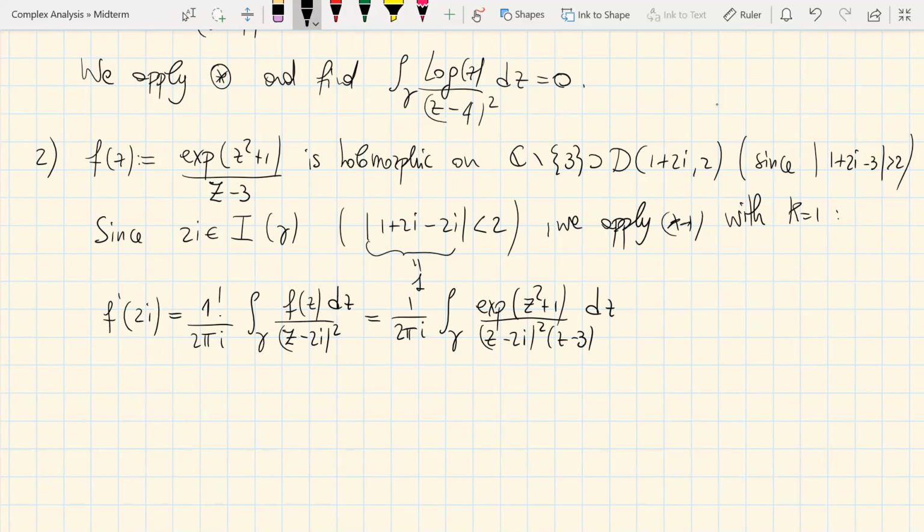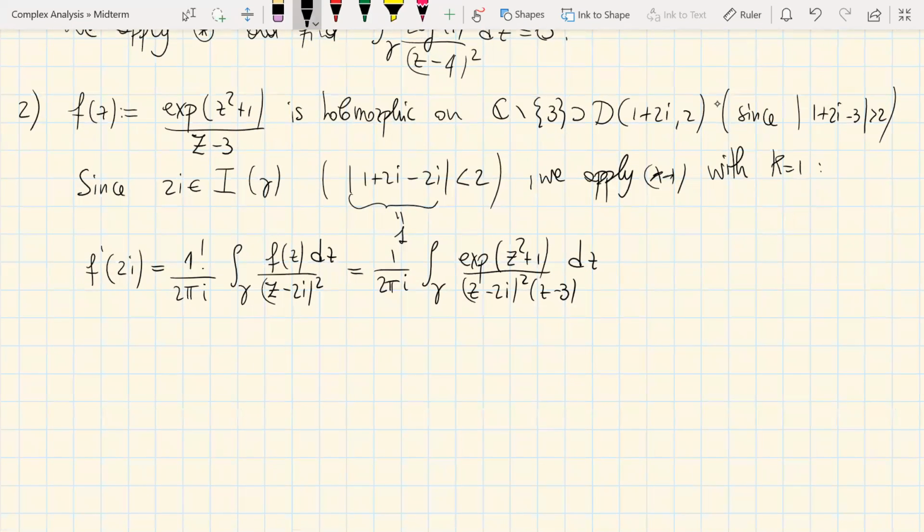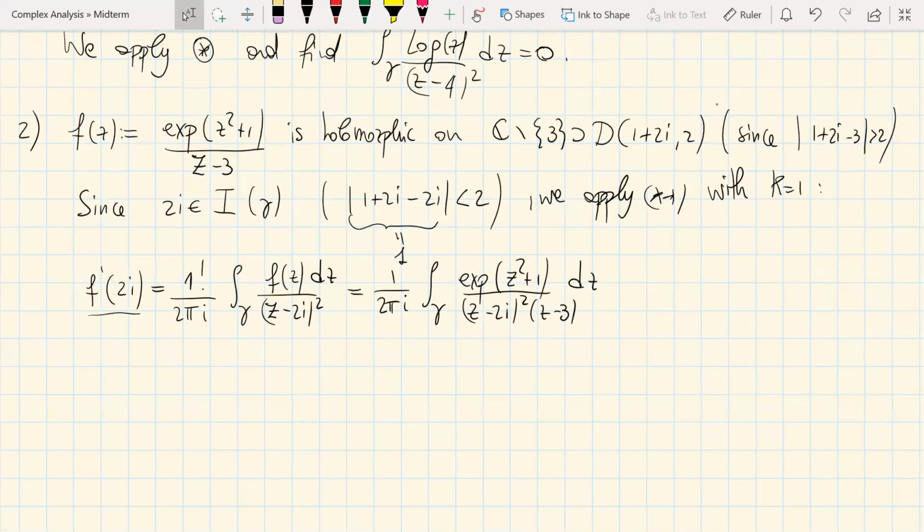So in order to find the value of the integral, we just need to find what is f prime of 2i. So the function f is written above. So what is f prime? Here we have a quotient, so we have (z minus 3) squared in the denominator. And then we have to differentiate the function above.